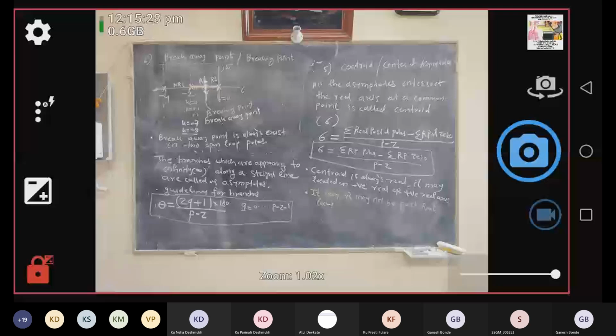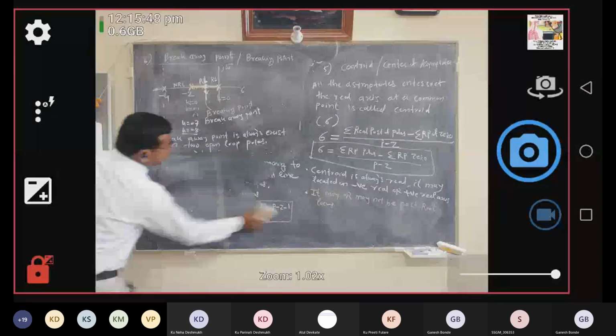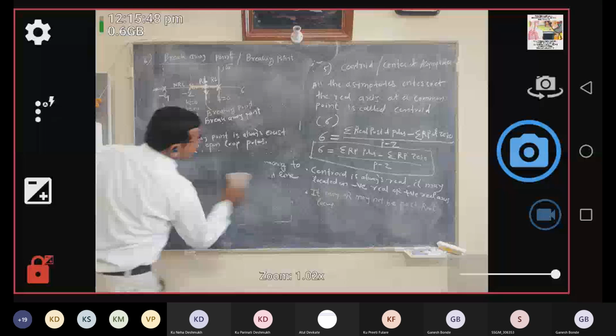Then how to determine the exact location of this breakaway point? Here we considered that at 0.7 these two branches meet here, so how do we determine this point? For that purpose a small test will be there. Simply differentiate dk by ds and equate it to 0, and you will get the breakaway point.